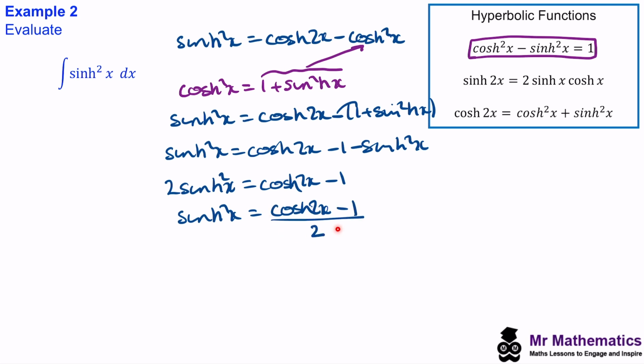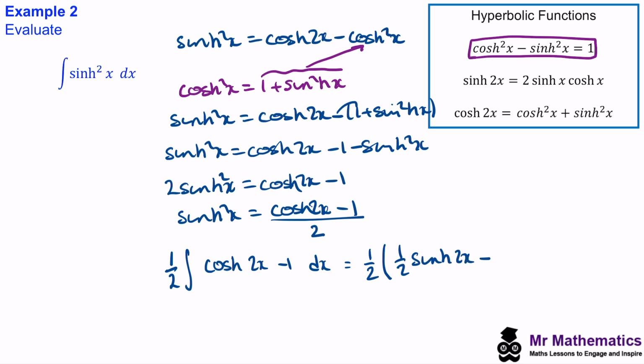And it is this which we can integrate because this is exactly the same as the sinh squared of x. And we can move this division of 2 out in front of our integral, again because it's a constant. So we'll have 1/2 times the integral of cosh 2x minus 1 dx. And now we can use the reverse chain rule to integrate cosh 2x, and this will give us 1/2 of sinh 2x.